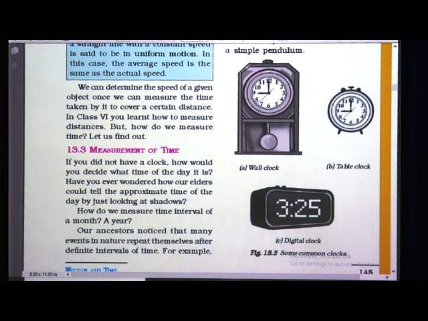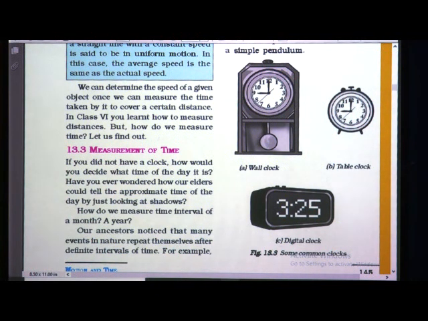Some particular things happen after some time, and they continuously experienced all these things. Whatever events in nature repeated continuously, day by day, they observed these intervals and also these events.